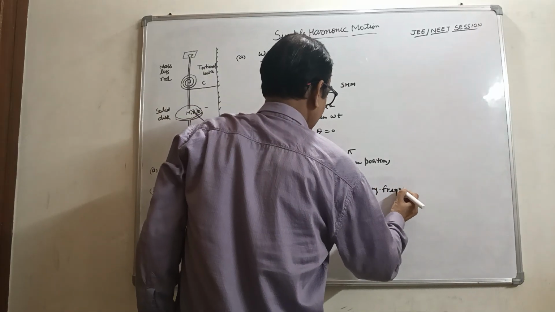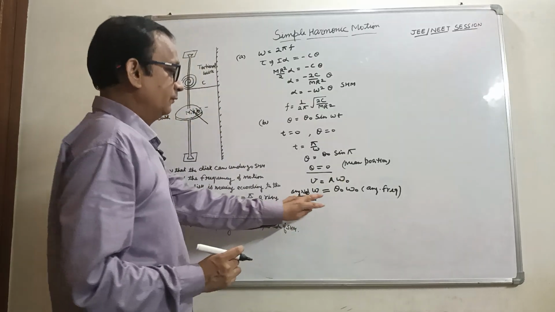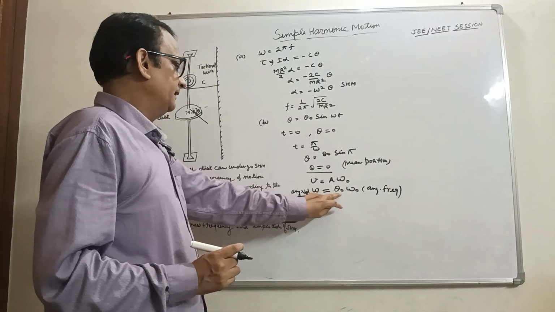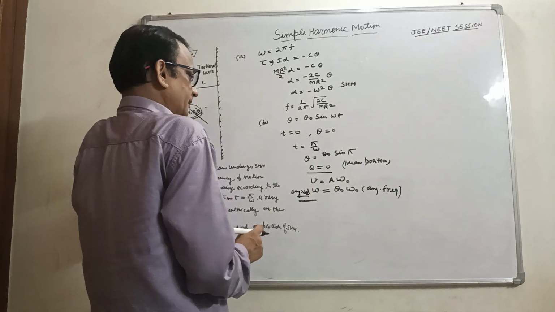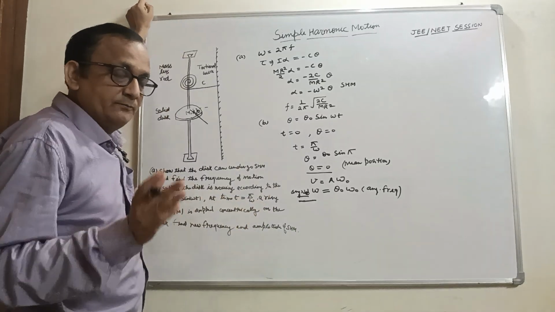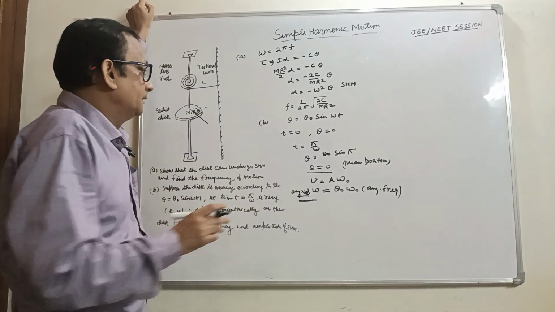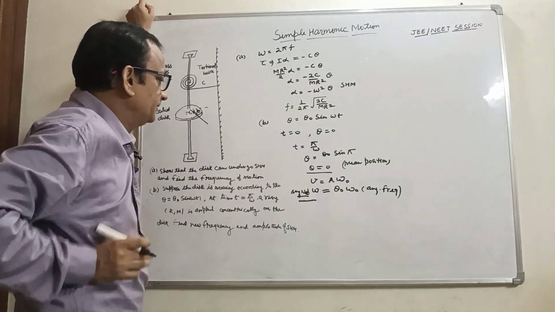So the angular velocity at the mean position would be theta naught omega, and it will be maximum at the mean position.